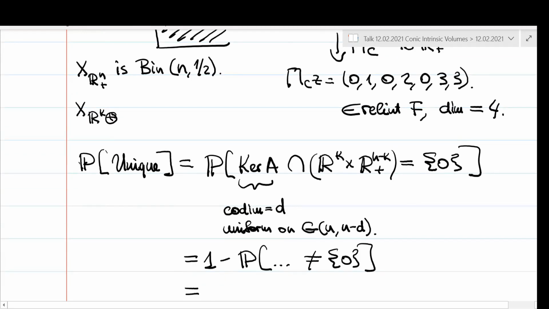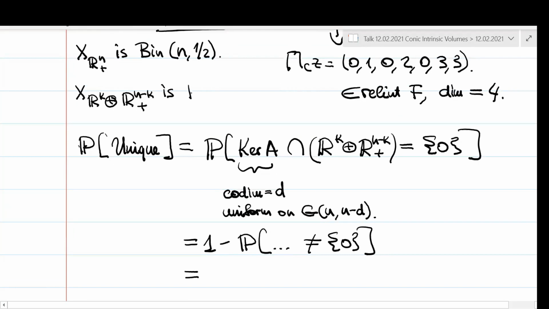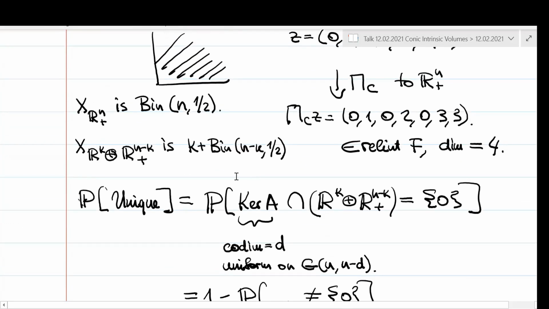What is the distribution of this random variable? Okay, so this multiplication with R^k just shifts all dimensions by k, which means that the corresponding random variable will be just a sum of k plus a binomial random variable with parameters n minus k and 1/2. Right, so by this I just mean that we take a random variable with this distribution and shift it by k.